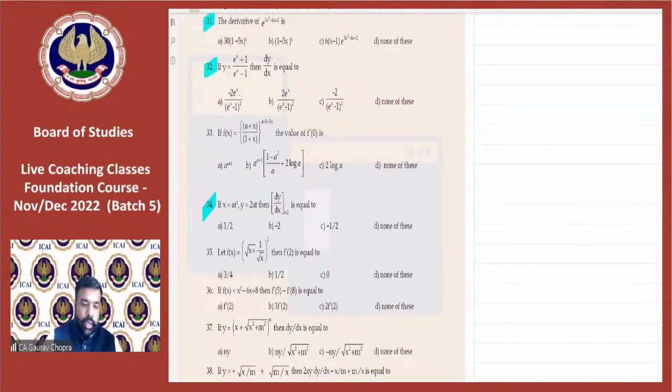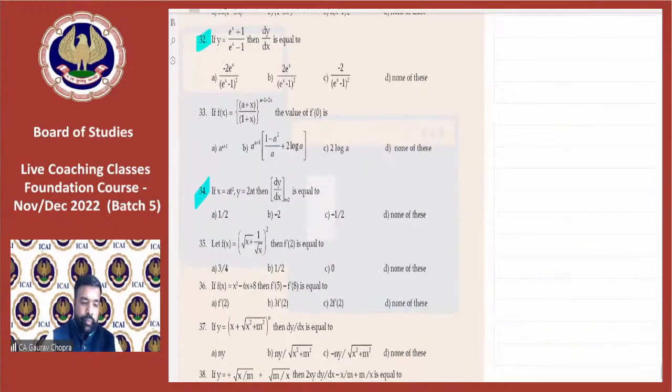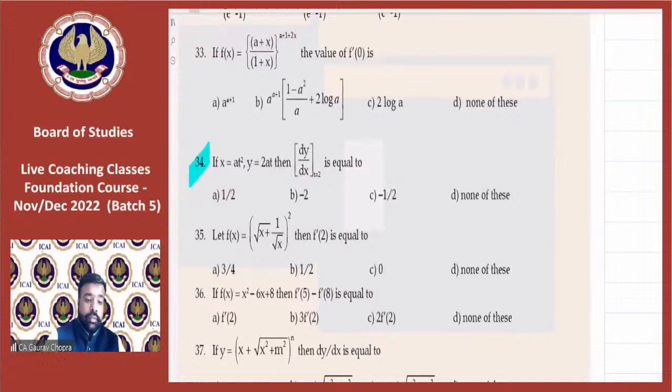Then let's try question number 34 also. x is equal to 2at, y is equal to at square. Then find dy by dx at t equal to 2.